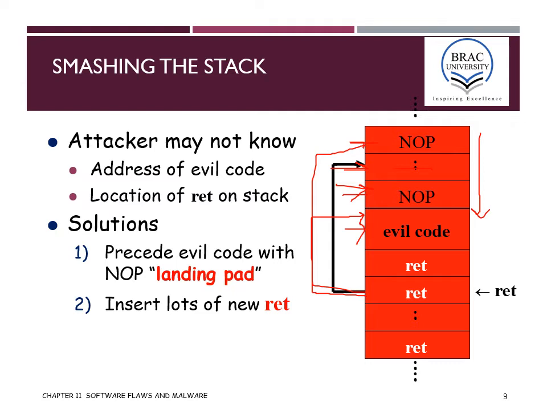Also, the attacker doesn't know which return value to override, so they might put the return value in several places, so it can go from here, or maybe from here, so it depends.